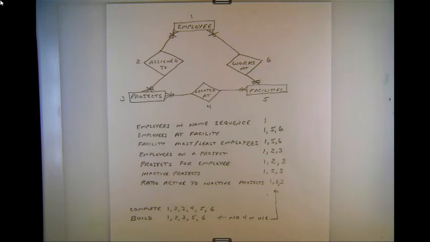Now, what happens for the next project? You come in and you do the exact same thing. If it's a project for something you already have a complete for, you're reading through it to see if there's anything new. Because if there is, I need to add it. If there's nothing new, I now start with the complete, and I look to say, what do I need from a build perspective?